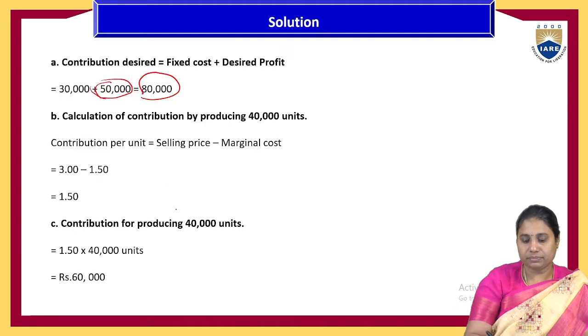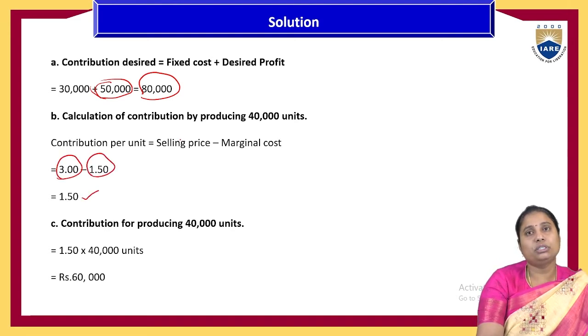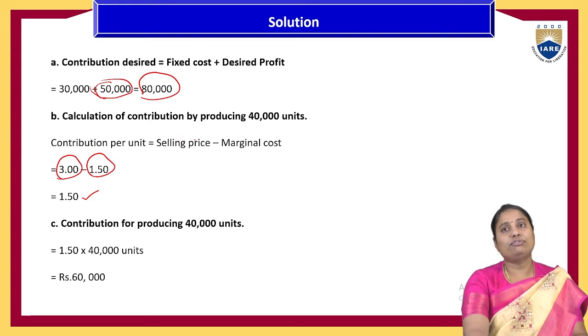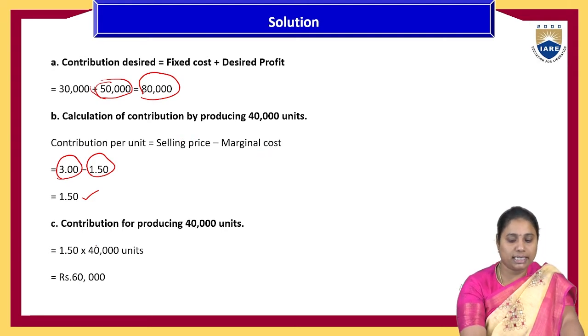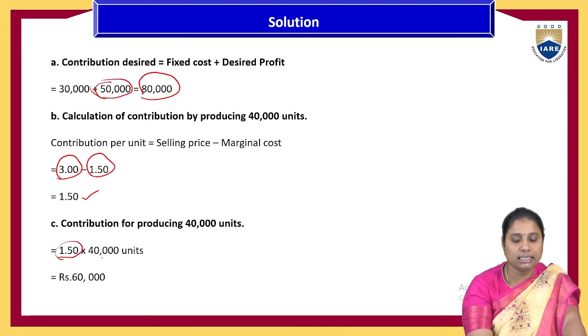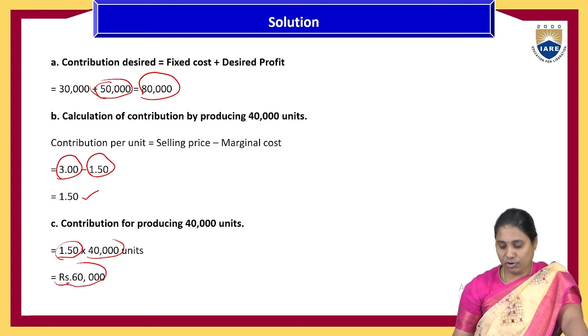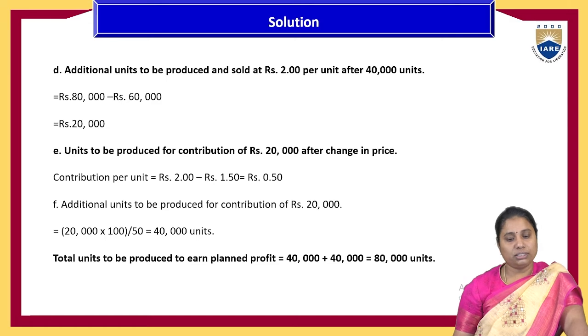So 3 rupees minus 1.5 rupees, that is 1.5 rupees, is the contribution for producing 40,000 units. Next, the contribution for producing 40,000 units is 1.5 rupees into 40,000, that is 60,000 rupees.